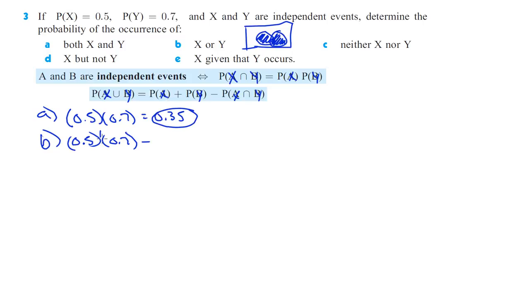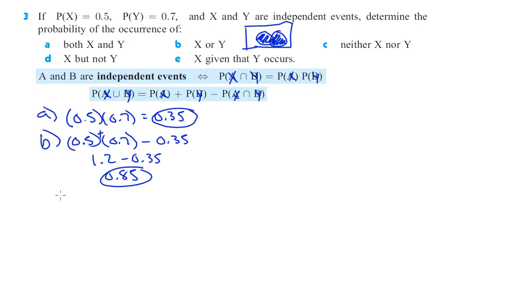We have to add these two together. We're not multiplying these two together, and then we do subtract the X intersect Y, which is our 0.35 right here. So if we do this, 0.5 plus 0.7 is 1.2 minus 0.35 gives us 0.85. So that's the probability that X or Y is going to happen.